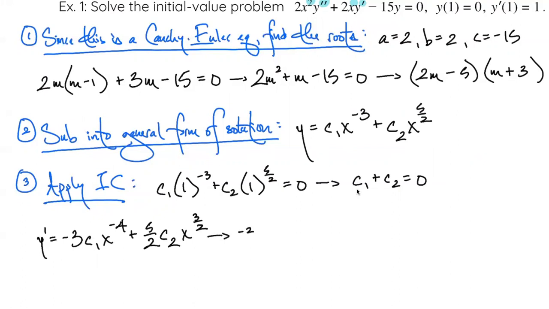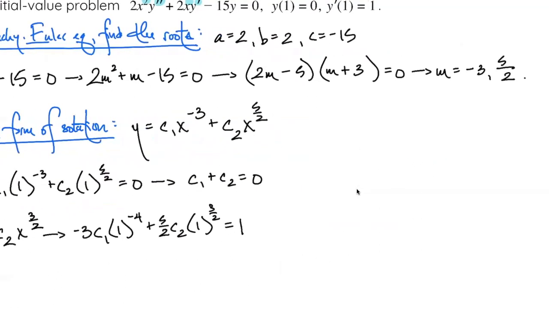So we have negative 3 c1 times 1 to the negative 4 plus 5/2 c2 times 1 to the 3/2, and that, my friends, is going to equal 1. And so when we clean this up a little bit, we'll get negative 3 c1 plus 5/2 c2 equals 1. All right.